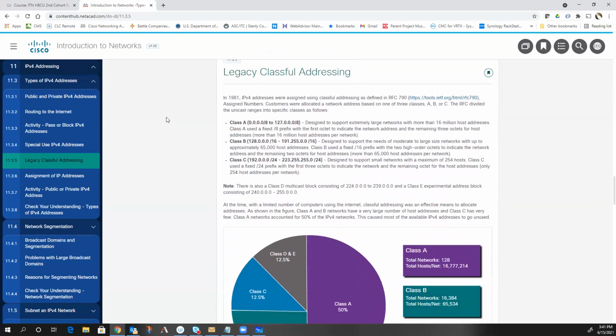Now, this is something I want to talk a good amount about. I teach my students classful subnetting. Back in the old days, there were roughly 5 classes: class A, B, C, and D. D was the multicast block, E was an experimental block.